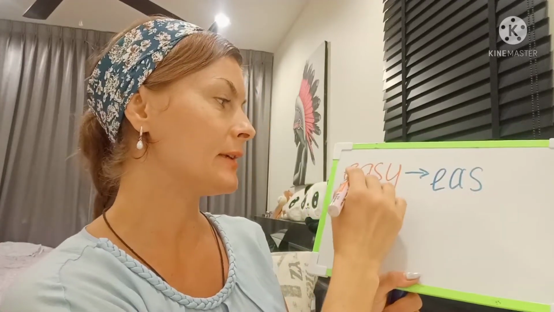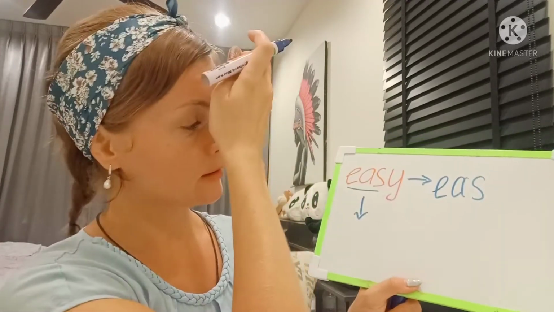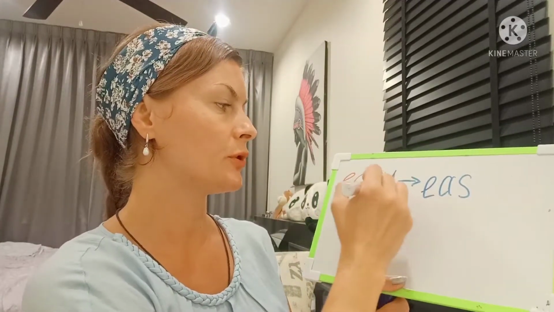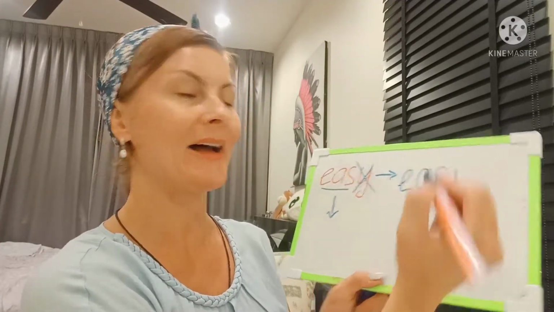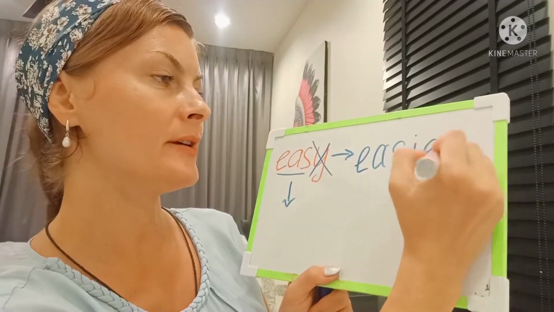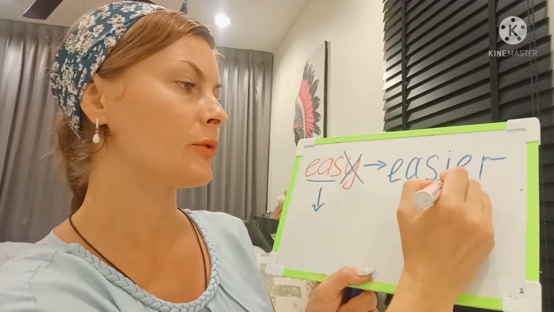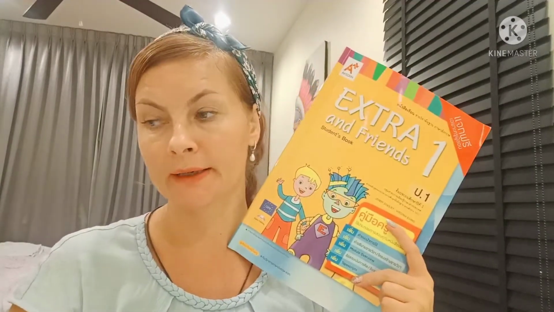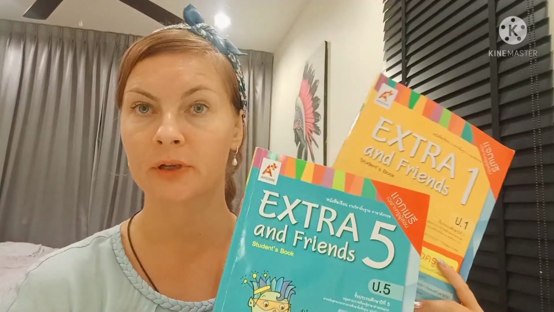We use this root, and then we don't put y, we put I, E, R. So this is easier. So I can say that grade 1 is easier than grade 5. Easier.